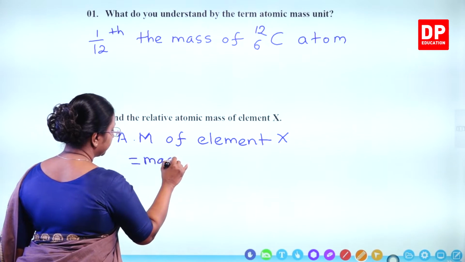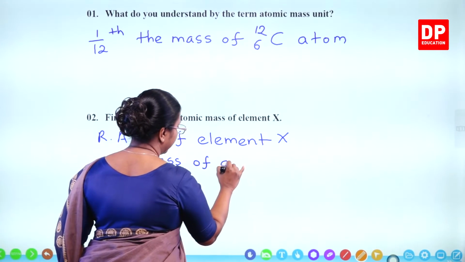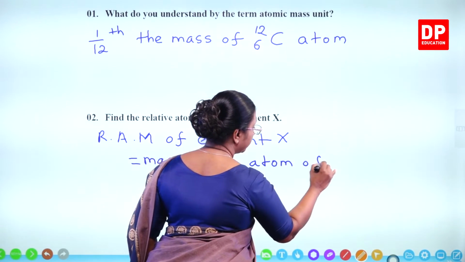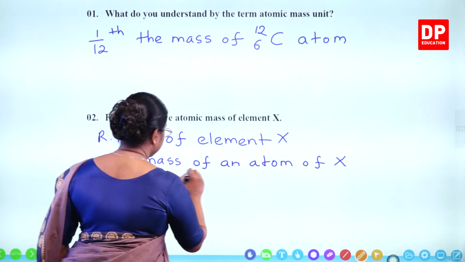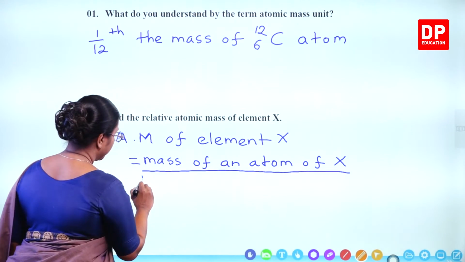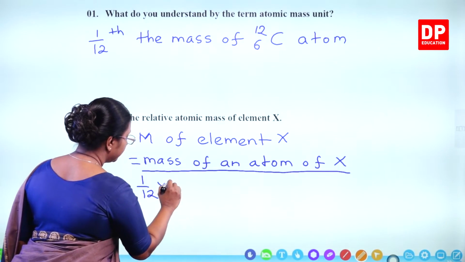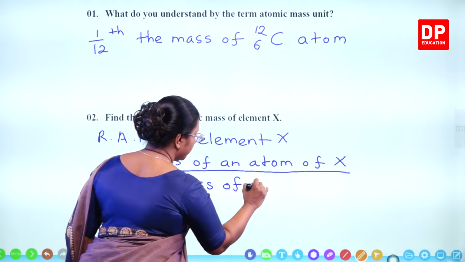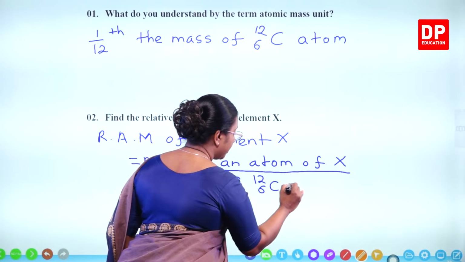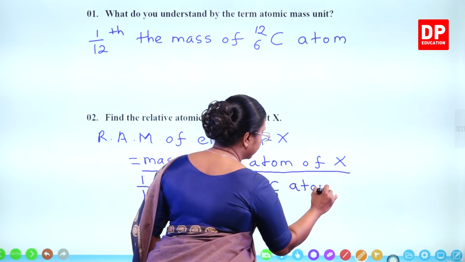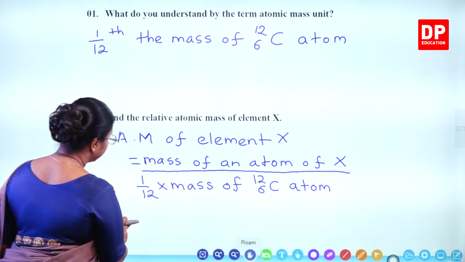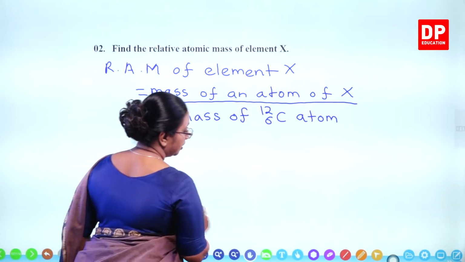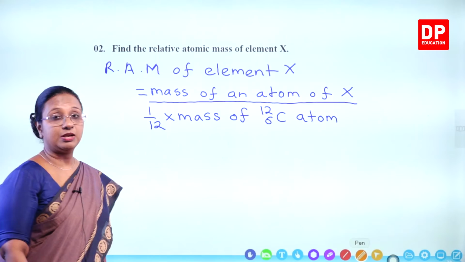Mass of an atom of X divided by 1/12 mass of a carbon-12 atom. That is what you have to calculate. You need to use this equation.